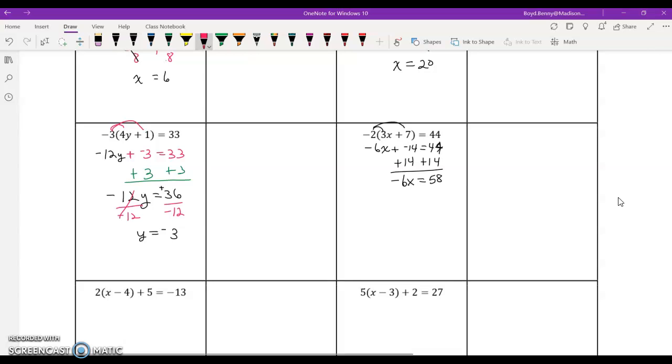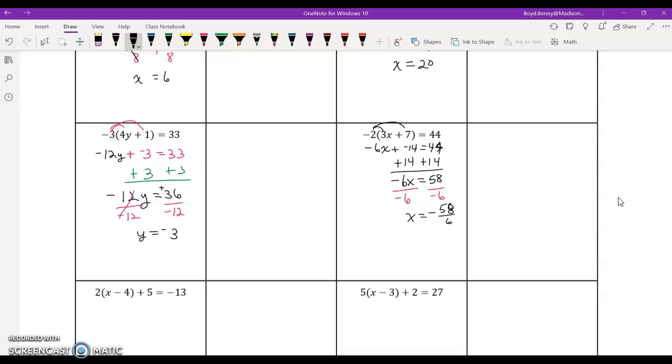Okay. My next step would be to divide by negative 6. Okay, and when I do that, x equals negative 58 over 6.